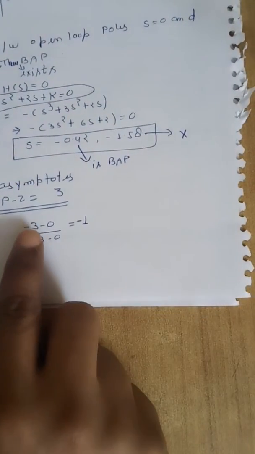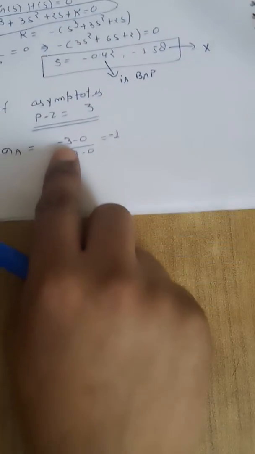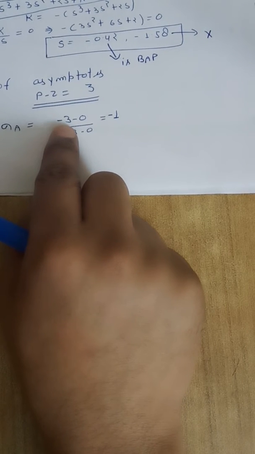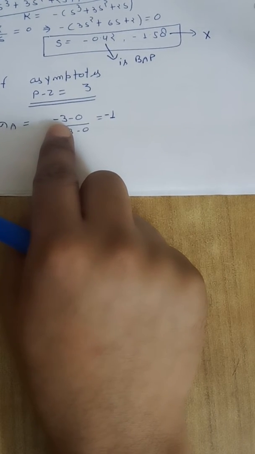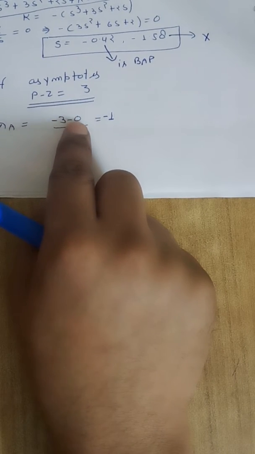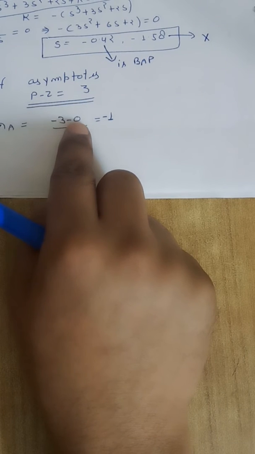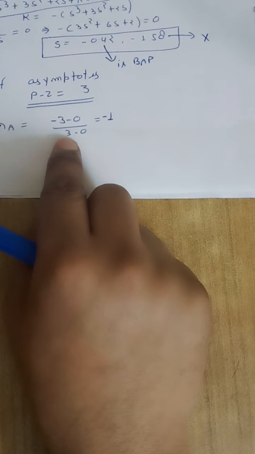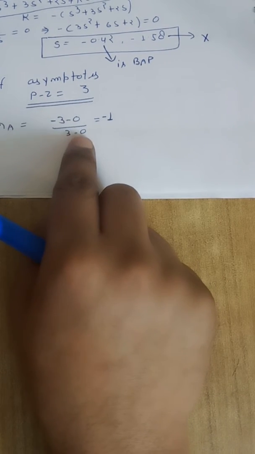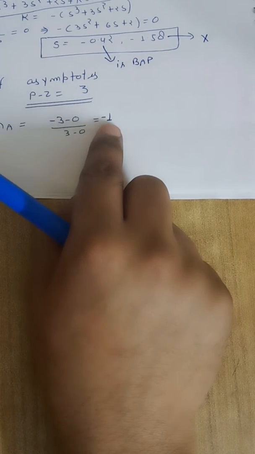That means minus 3. Minus 3 means sum of poles of the open loop transfer function, minus sum of real parts of zeros of the open loop transfer function means 0, divided by P minus Z. P means 3, Z means 0. So we have centroid minus 1.